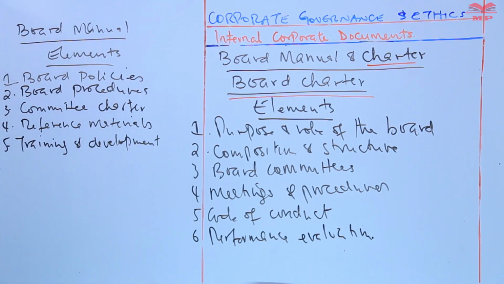These are resources for board members, ongoing education and development. So these are 5 key elements of a board manual.